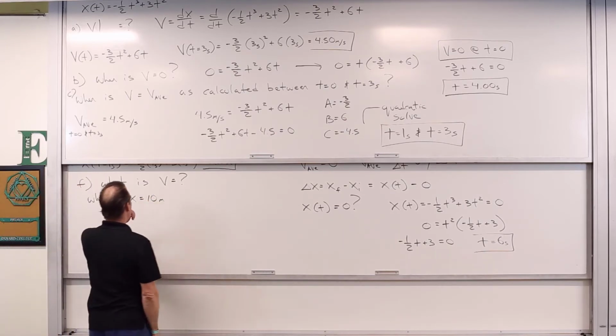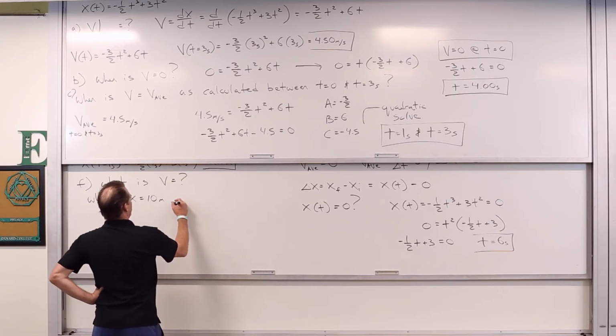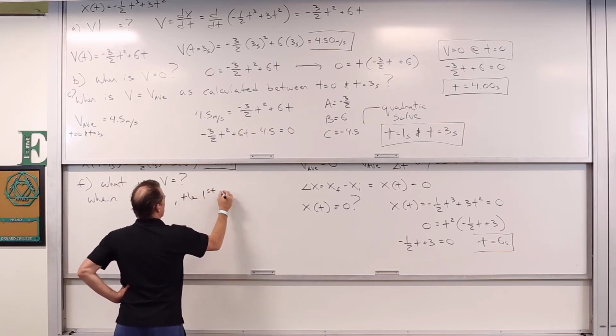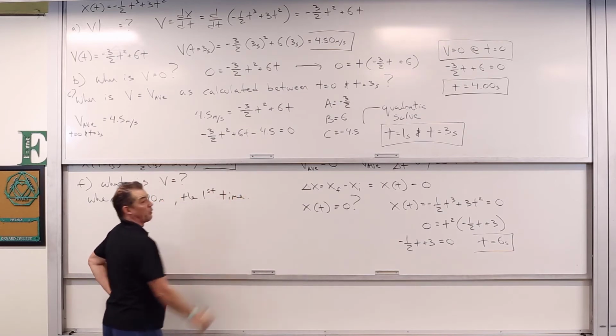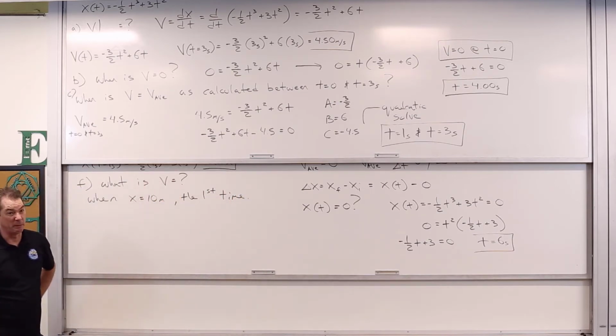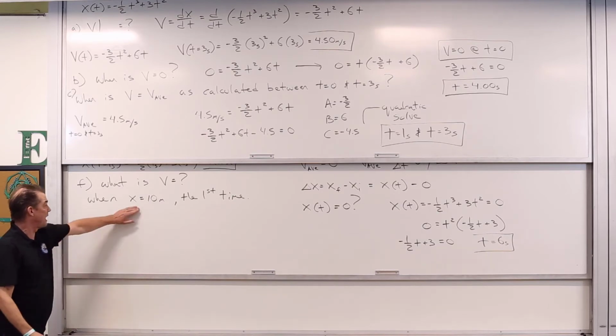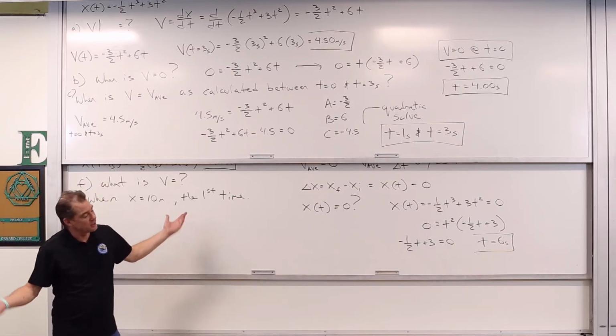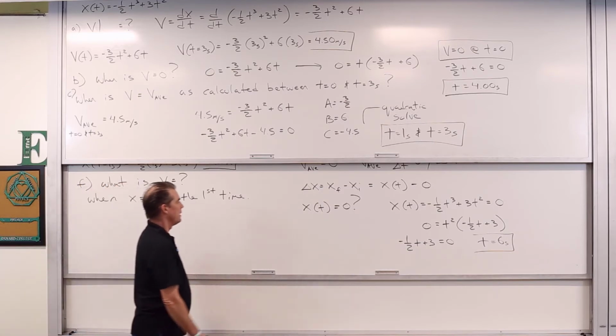And we'll say the first time, because there could possibly be more than one time that it's at the 10-meter mark if this object comes back to where it started. So let us just constrain it to the first time.